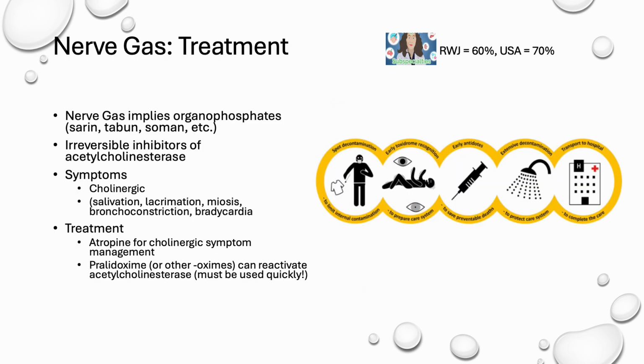Moving right along, we have nerve gas treatment. So when you hear the term nerve gas or read it on a test, this implies that organophosphates are involved. Now, the most common organophosphate that we hear about is sarin gas, but all organophosphates are irreversible inhibitors of acetylcholinesterase.